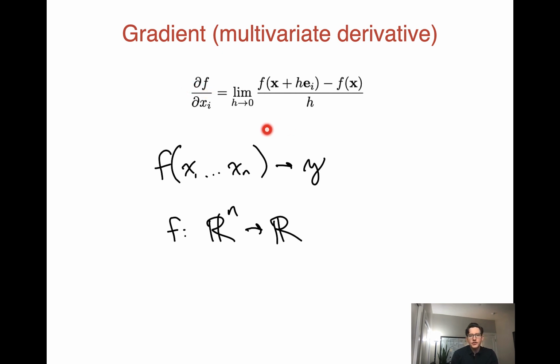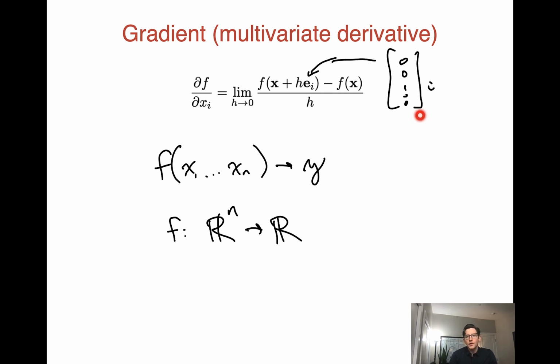And then here, this is just a generalization of the derivative. Note that here we have the vector x, and instead of adding h to the single value, we add it just to xi. One way to write that is h times the unit vector ei, which has zeros except for at the ith row where it has a 1.